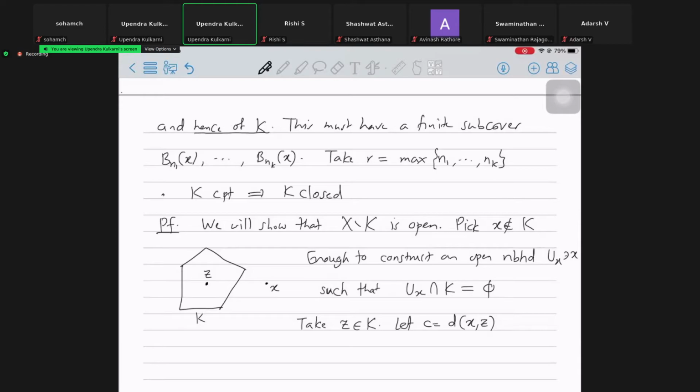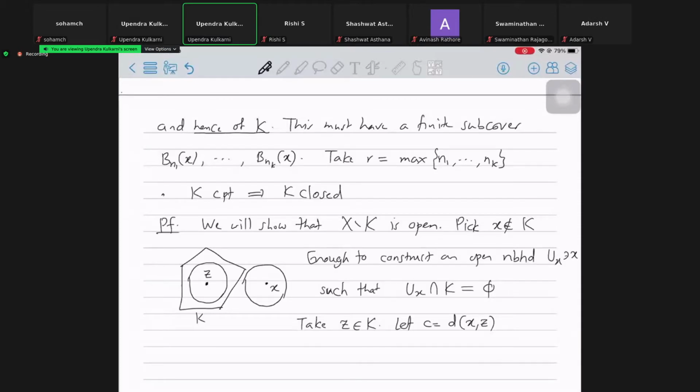So this is the picture that I want, with a ball around X. I want these balls to completely avoid each other.